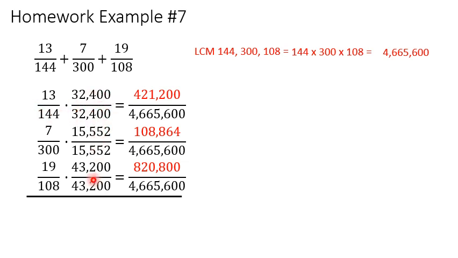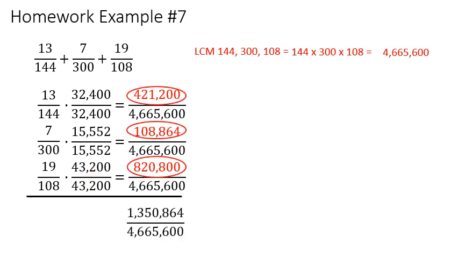Now, as always, you will then just add your numerators together, and you're going to get this super huge number. Now, here is where this number is different. I know that this fraction can be reduced because both of these are even numbers. So I know they're at least divisible by 2. So now I have to go through and reduce this.